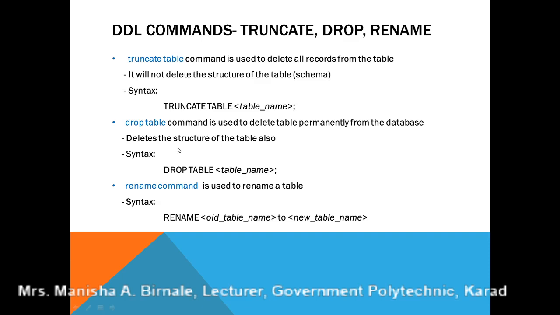Drop table command deletes all the records from the table, as well as it deletes the structure of the table also. And syntax is drop table, and in front of it you have to write the table name, and it is terminated by semicolon. So after drop table, structure of your table is also deleted.